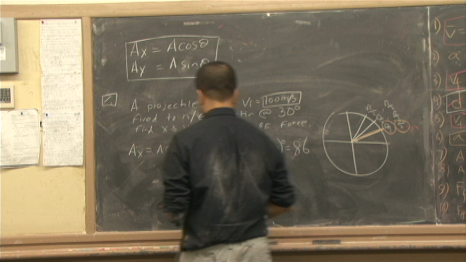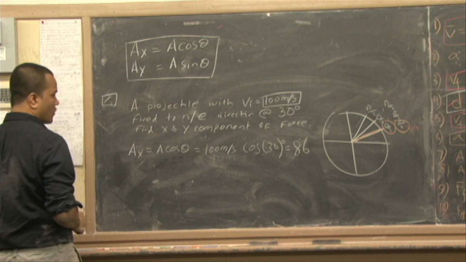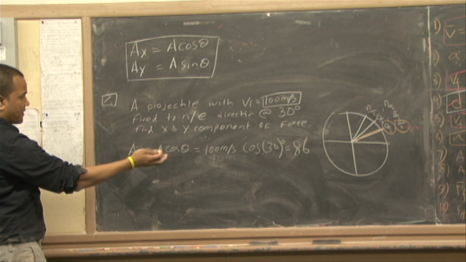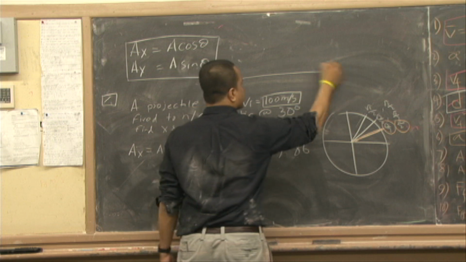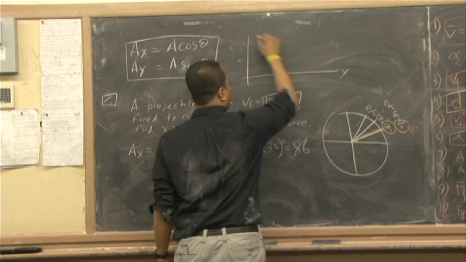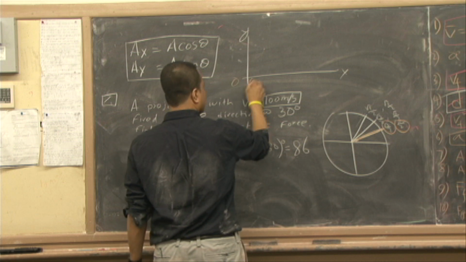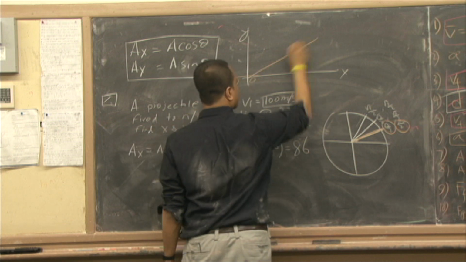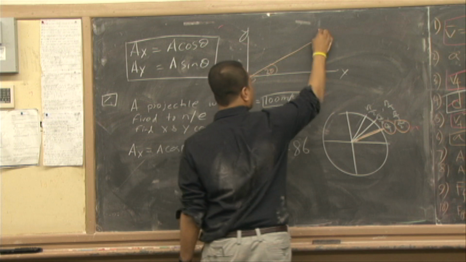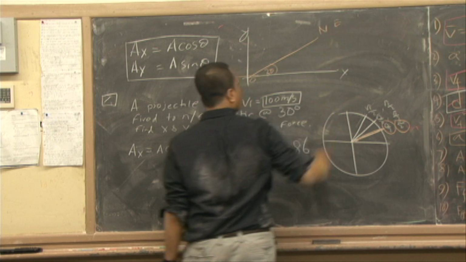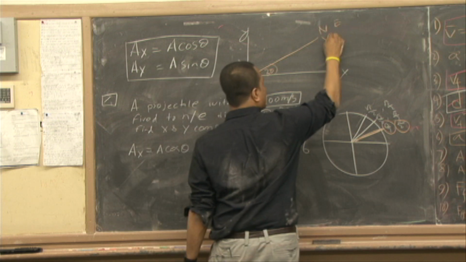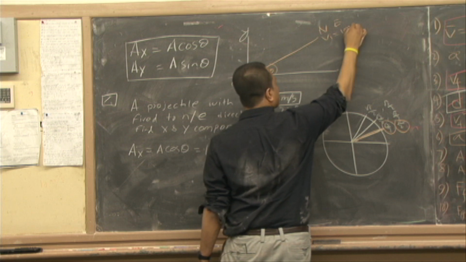So we get 86 toward the x direction. Okay, so if this is x, this is y, and there is a tank, and it fired at 30 degree toward the northeast. All right, the velocity was 100 meter per second.